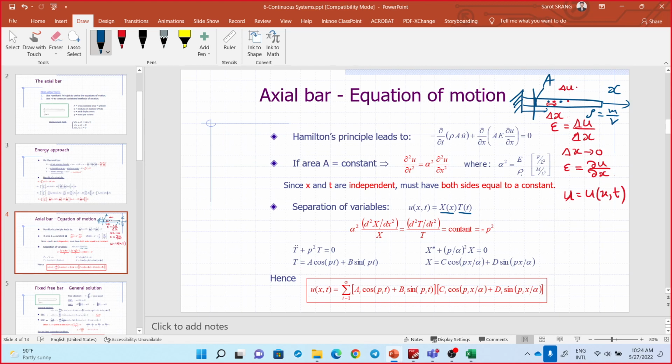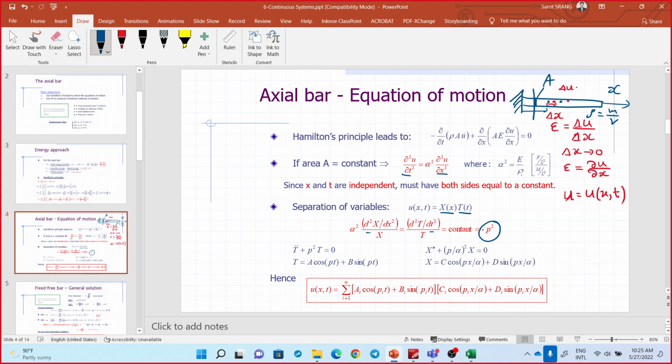Then take the partial derivative twice with respect to time and twice with respect to h. Then we can have this equation, this ratio equal to this ratio. So this ratio can be any number p.